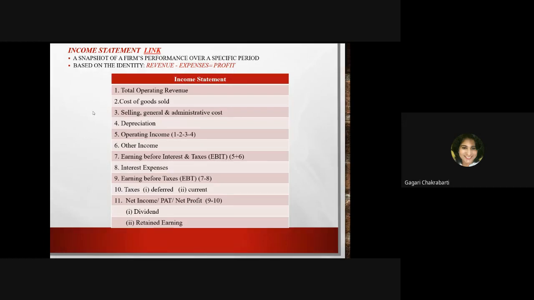So from here, it is clear how the two conflicts of interest will actually arise for the firm. The first arises from here, the conflict of interest between the owner and the manager, and the second conflict of interest is between the debt holder and the equity holder.